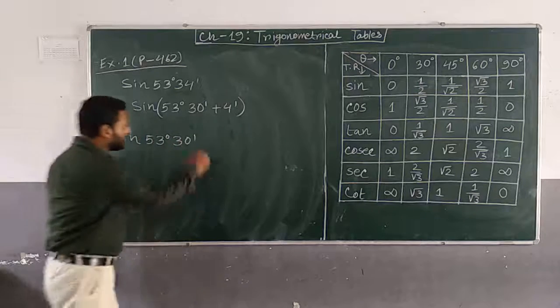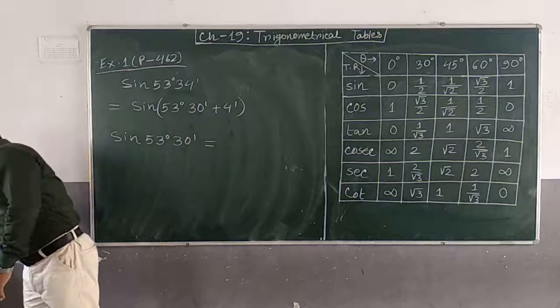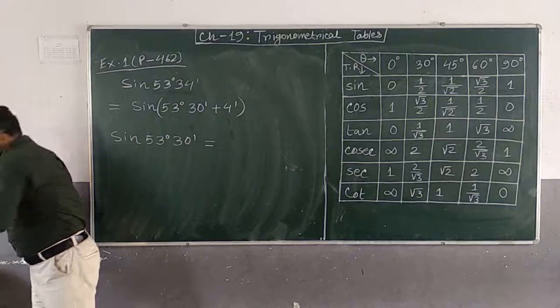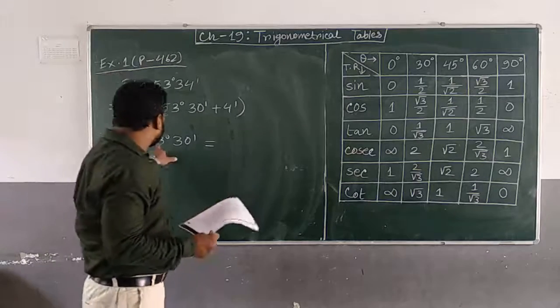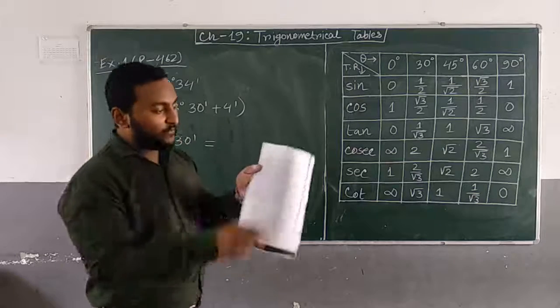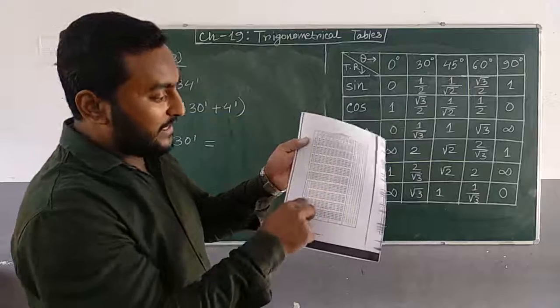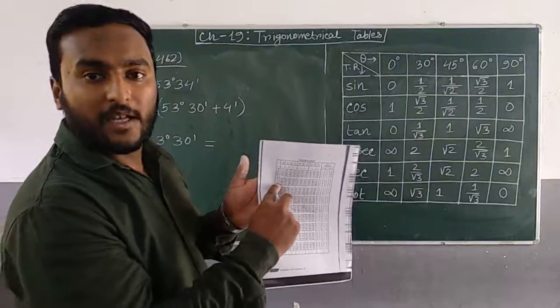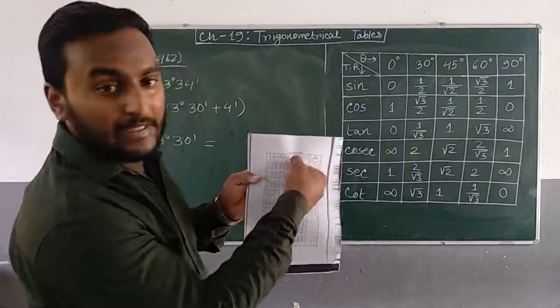Okay, this value we will see from the table. So see the table first. The natural sine table, we will see 53 degree 30 minutes. Okay, so come to the next page and see the table. 53 degree is here in the extreme left column, and 30 minutes is here.